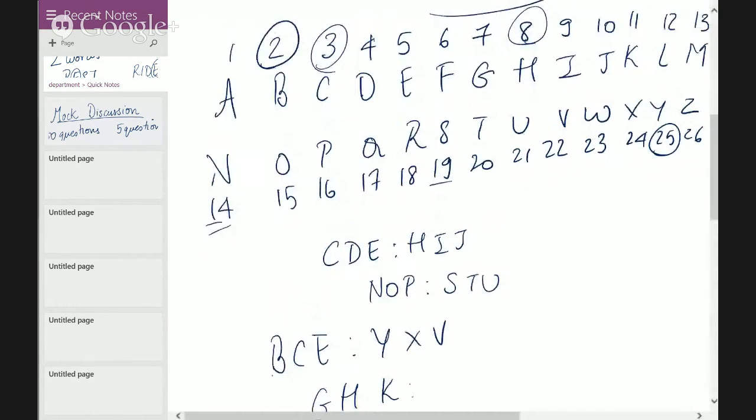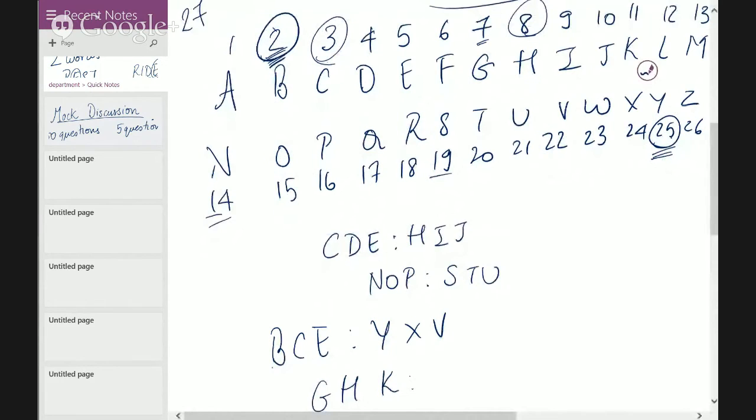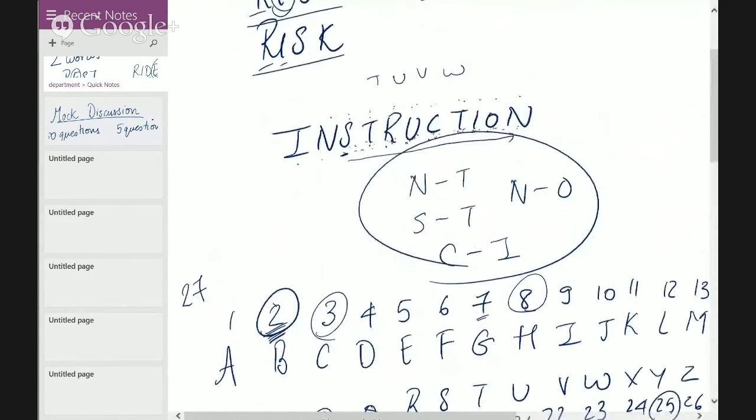Now keep in mind, for the reverse code of a letter, the numbers will add to 27, not 26. So I have G, 7, so I need 20, which is T. Then you have H, which is 8, so 27 minus 8 is 19, which is S. And K, which is 11, 27 minus 11 is 16, which is P. Okay, that's pretty cool. That's how we're supposed to solve these kinds of questions.